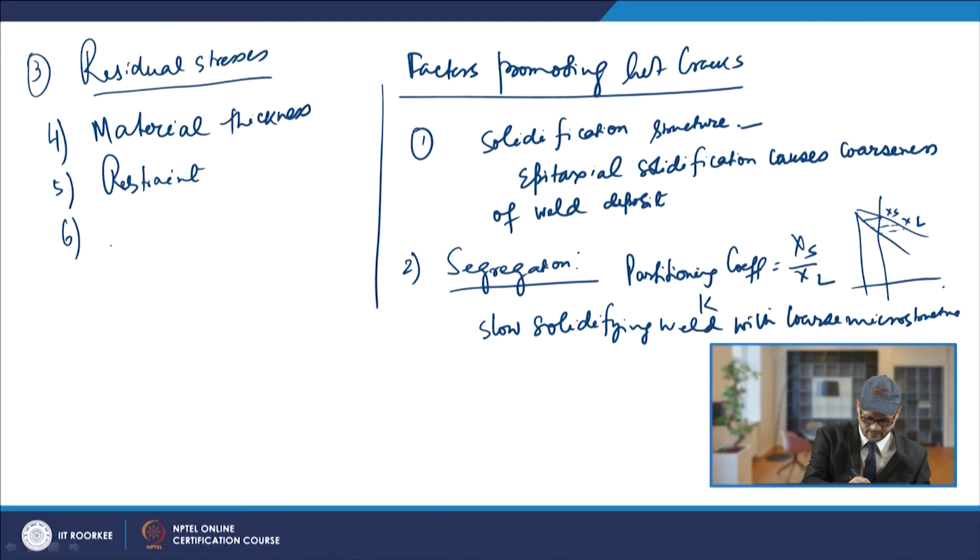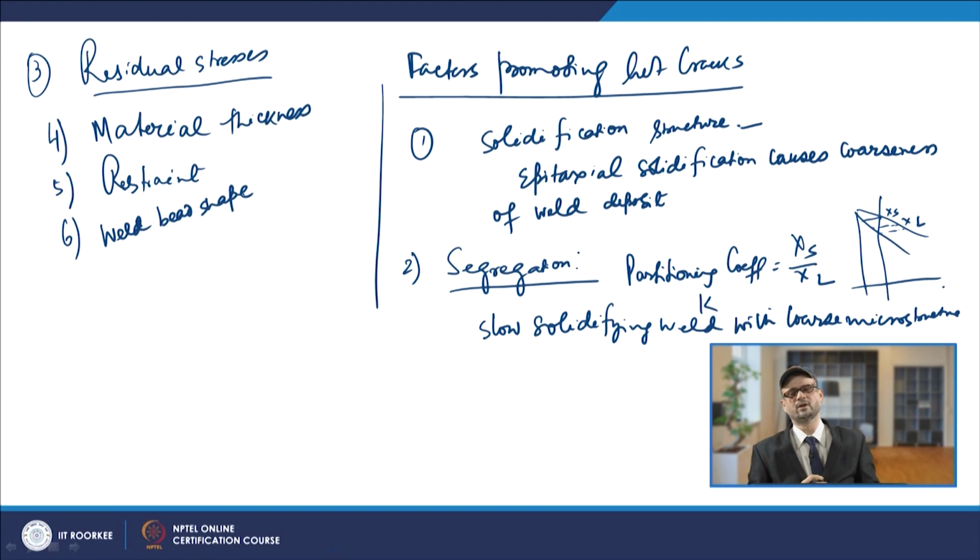Then the next important factor is the weld bead shape. You may have a convex shape, or you may have a concave weld bead shape. Normally, a concave fillet appears to be larger.